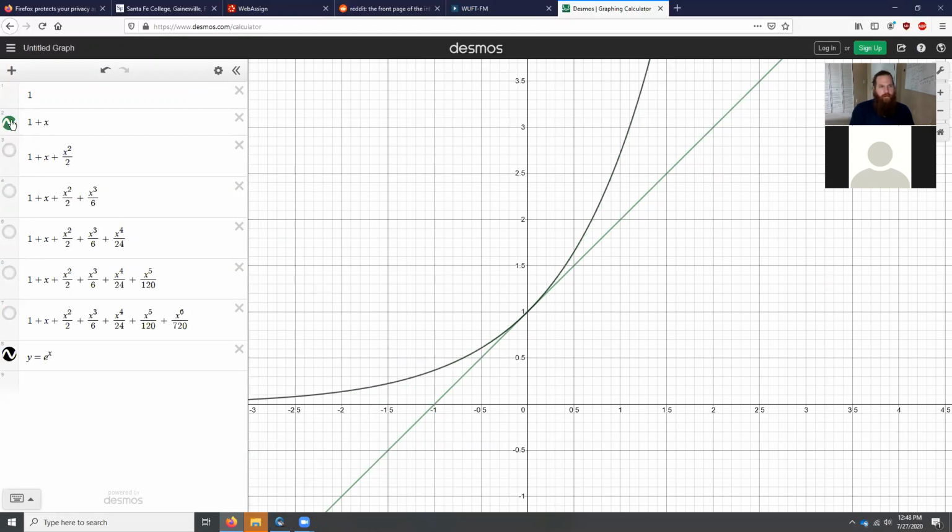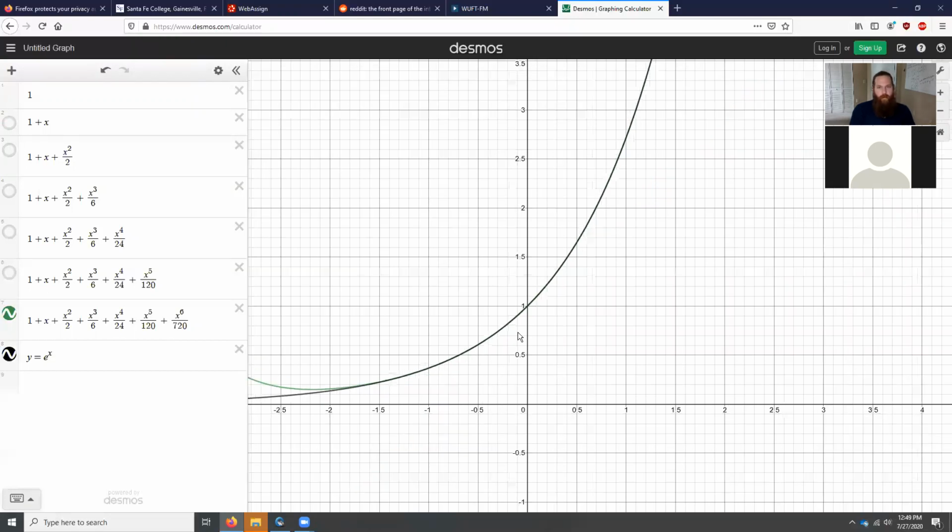So the convergence still happens around the center. But it is true that the interval of convergence here is all real numbers. So if you use the full infinite series, no matter what you plug in, it is going to work. It's just that the further you are from the center, the more terms you need in your series for your approximation to be good.